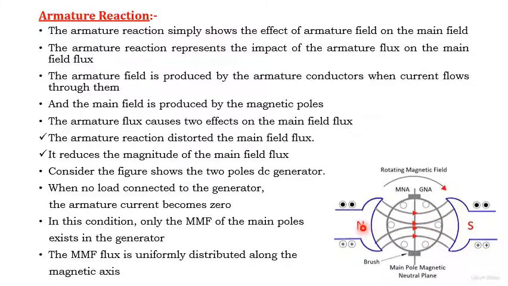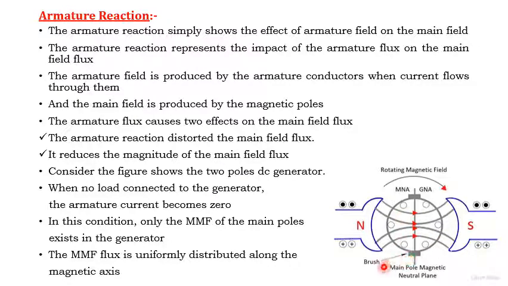This is the pair of magnetic poles. Two magnetic poles are present, and the conductors are placed here. This is the armature, which is in between the pair of magnetic poles, and it also consists of conductors, called armature conductors.